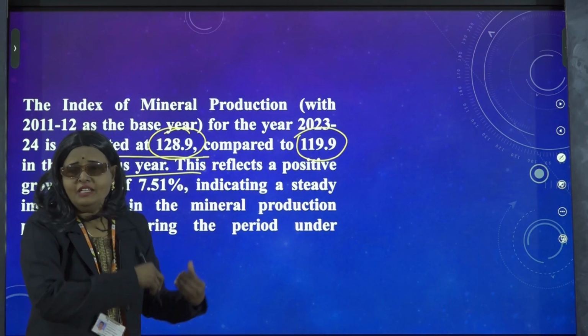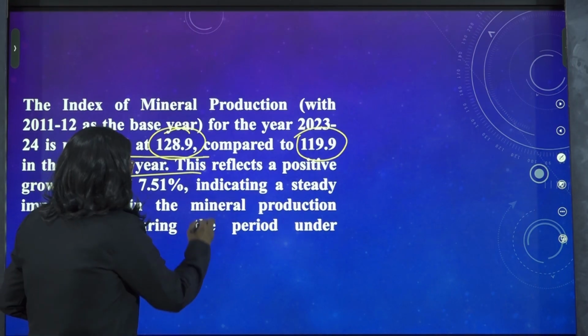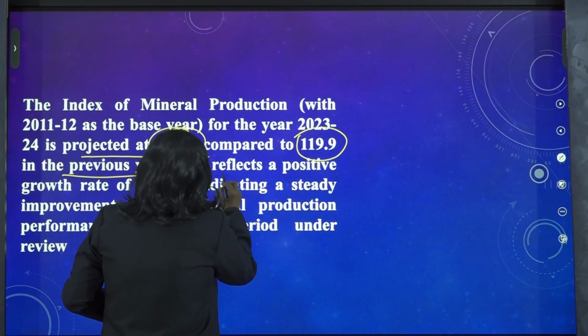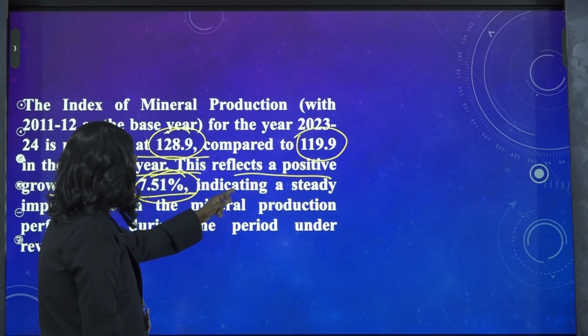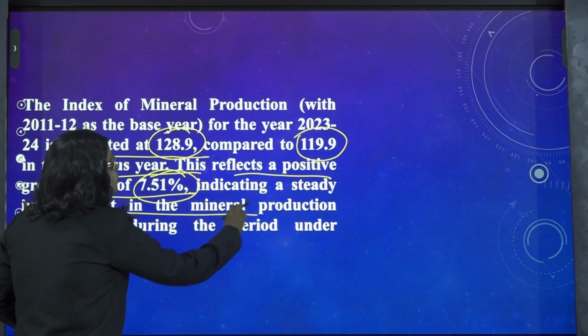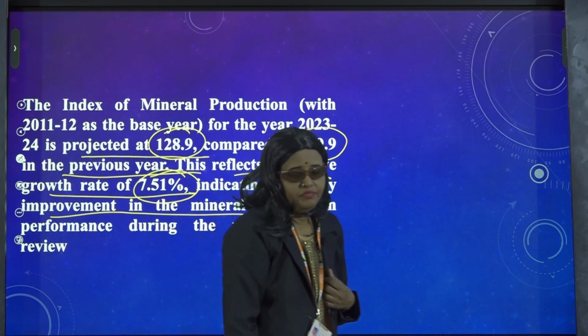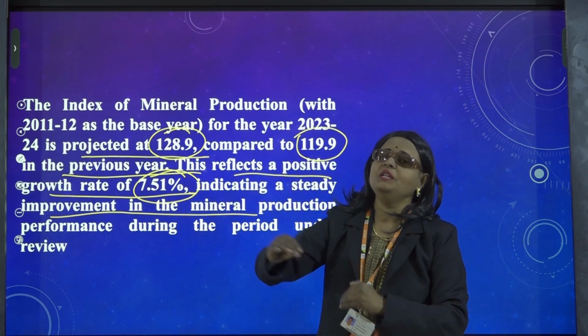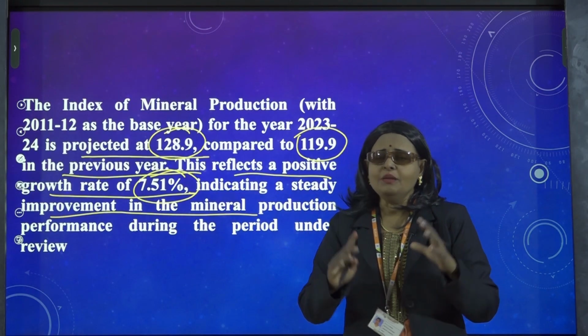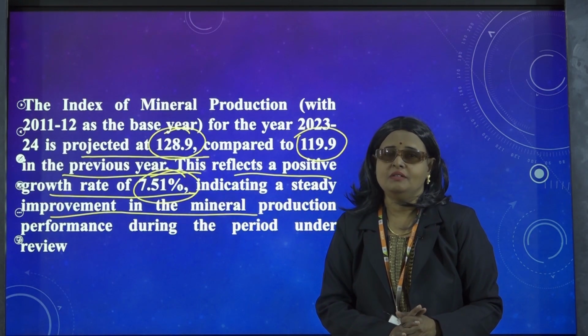That means there is a positive growth rate of 7.51% indicating a steady improvement in the mineral production. So, when they observed year wise, there is an increase in the mineral production because that much important the minerals are.